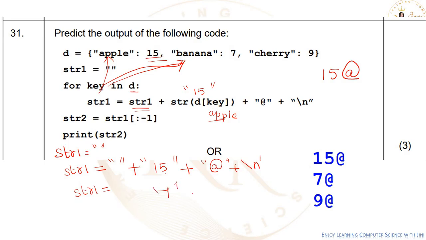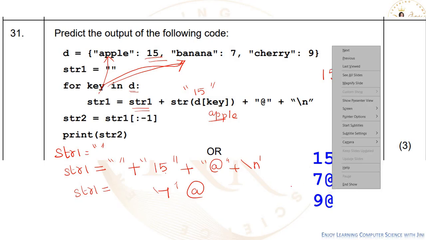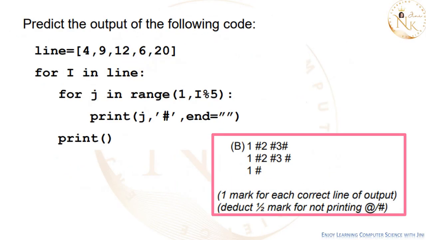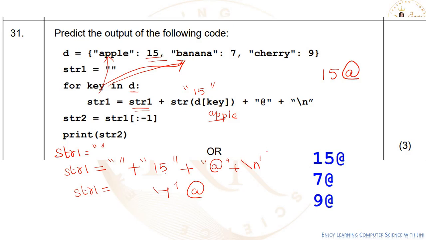So 7@\n will be printed in the next line. Correct? Similarly, the next key is cherry. The corresponding value is 9. So 9@\n will also be there. So this is your string created.